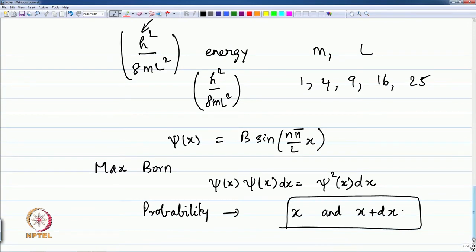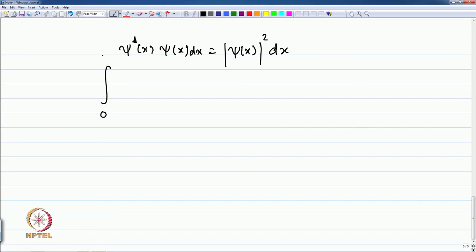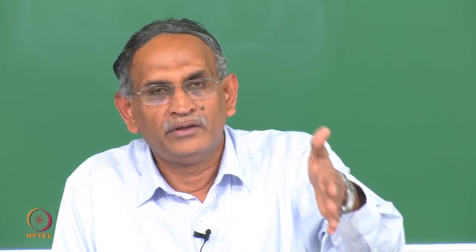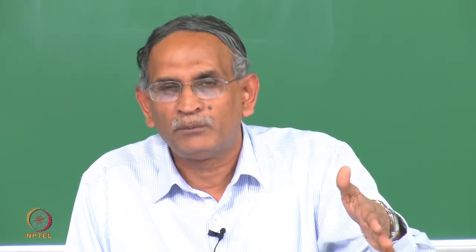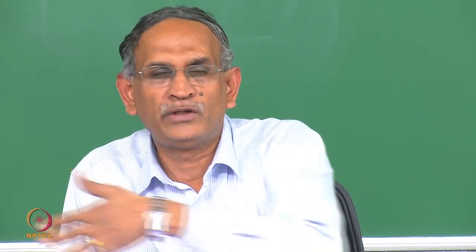Therefore, let me conclude immediately what B should be, because if psi star x psi x, which is the same as psi of x squared, with a dx is a probability, then if you add all the probabilities from 0 to L, because the particle can have any position between the end points but not at the end points, anywhere as close to one end point as possible, but as close to the other end point.